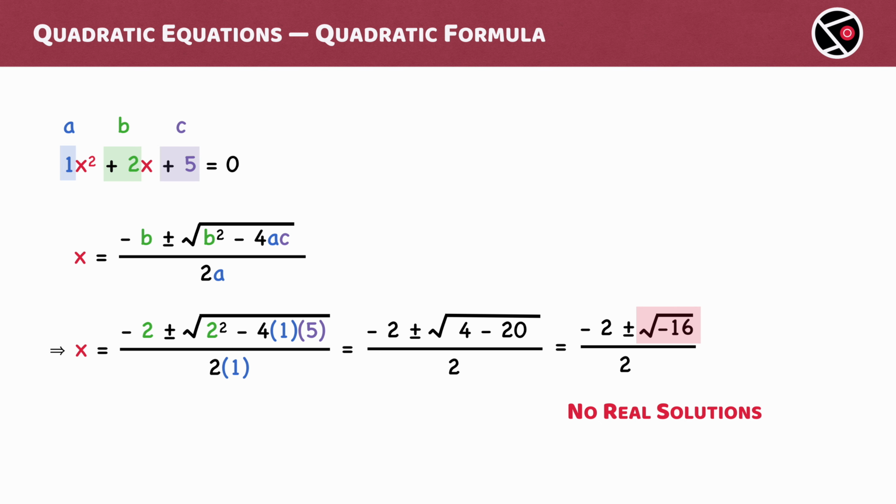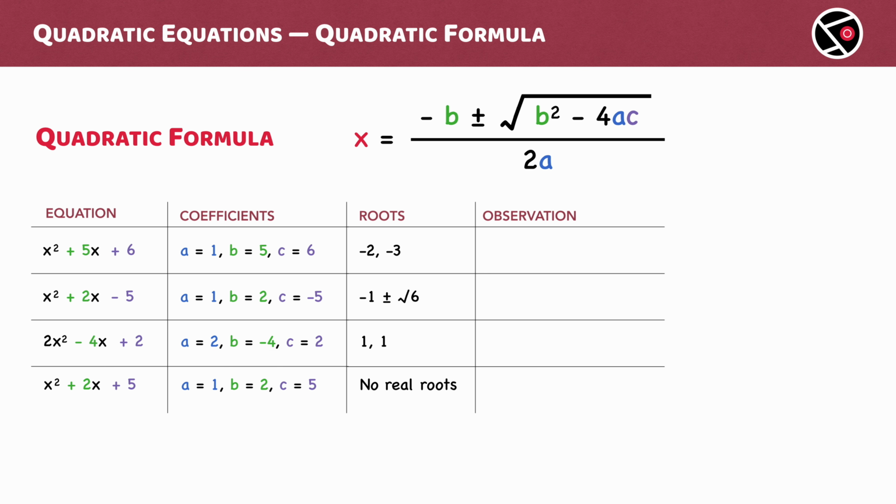Alright, now here is the summary of all the examples that we have covered so far. For x squared plus 5x plus 6, we have two distinct real roots, minus 2 and minus 3. X squared plus 2x minus 5 also has two distinct real roots, minus 1 plus square root 6 and minus 1 minus square root 6.